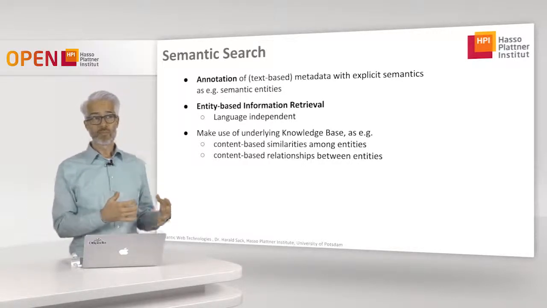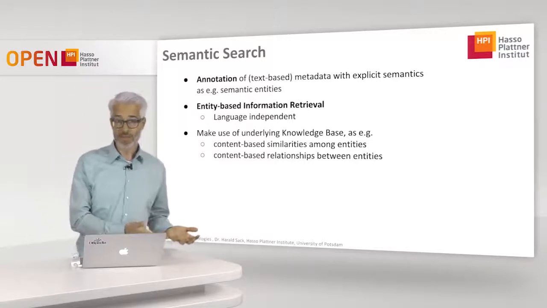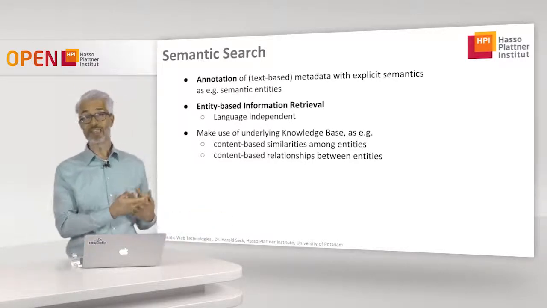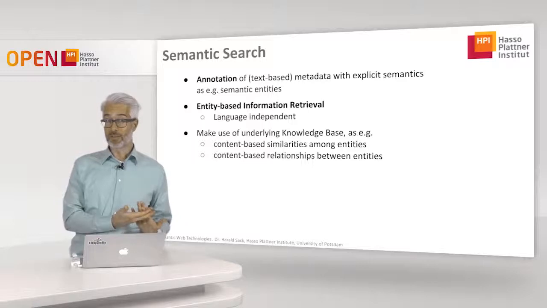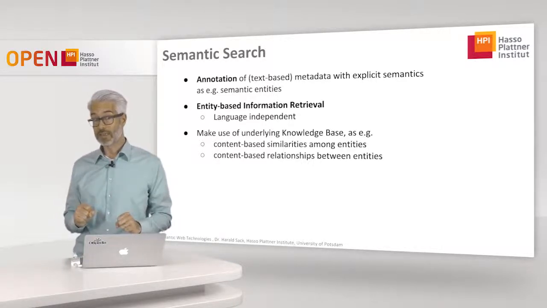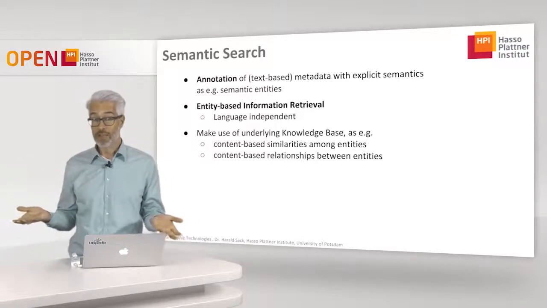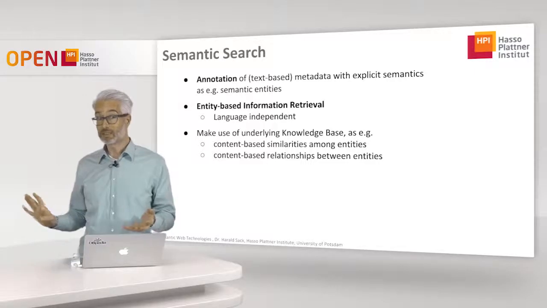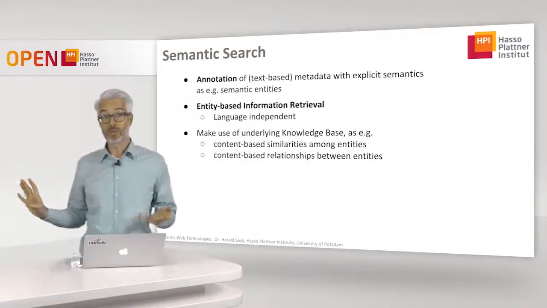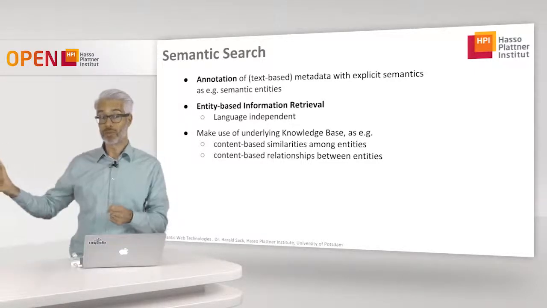Because, for example, if I'm looking for tennis players and I specify my query tennis player, then I might also be interested in information about specific tennis players, like, for example, Boris Becker. And if you consider a website where Boris Becker is mentioned, but nowhere is the word tennis or tennis player mentioned, we don't know in the document that this Boris Becker really is a tennis player.